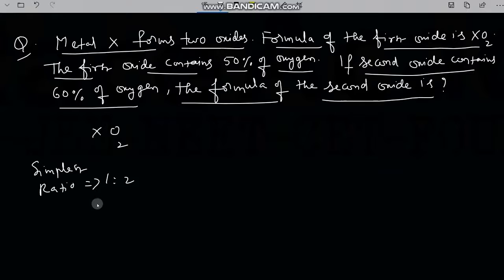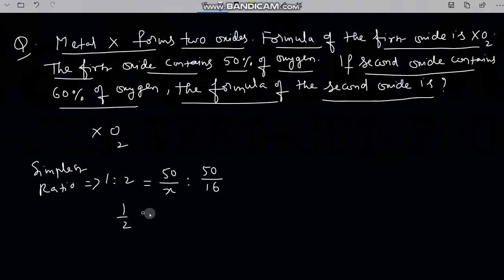How did this 1 come? It is 50%, already given, so we find the number of moles of X. The number of moles of X is 50 by the atomic mass of X. I am assuming X's atomic mass as X. Oxygen is also 50%, so 50 by its atomic mass, 16.